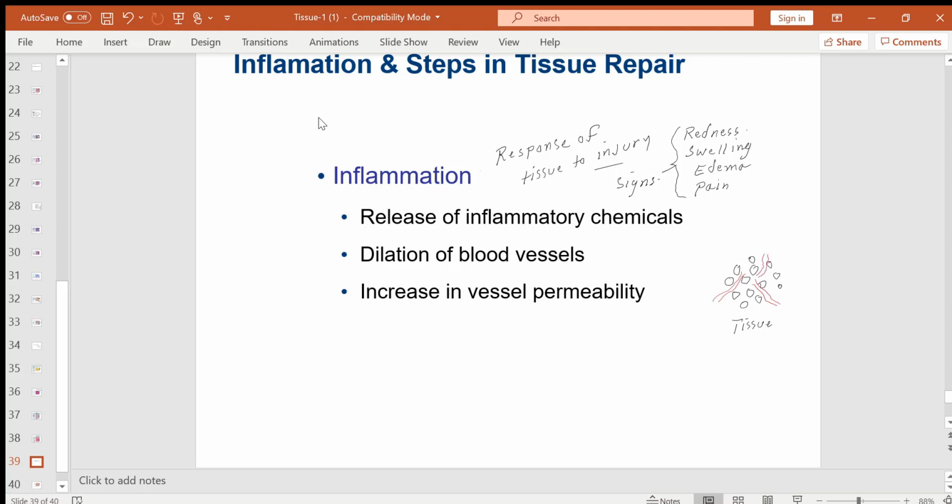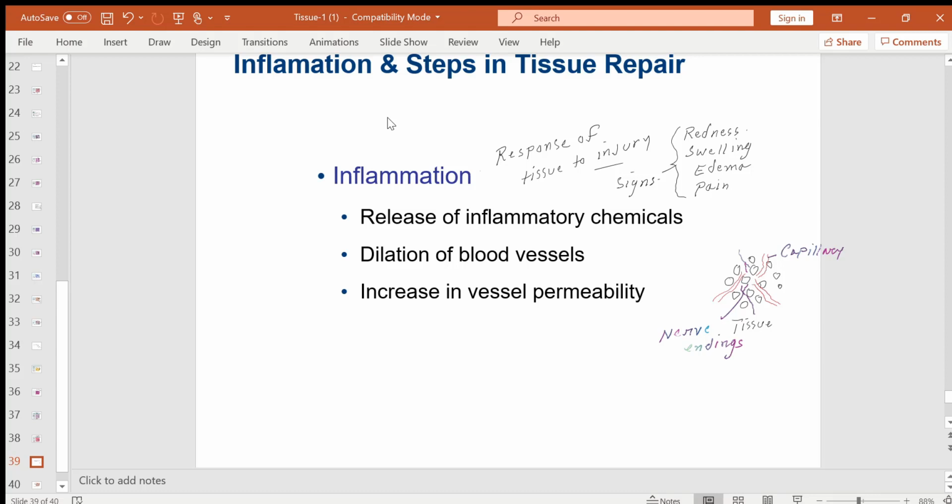And also in the tissue, you have what? You have the nerves. So you have nerves, nerve endings, okay? So capillary and nerve endings.